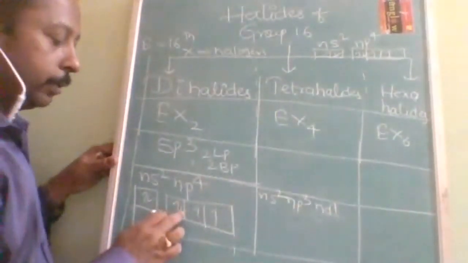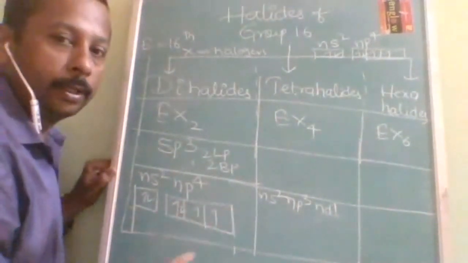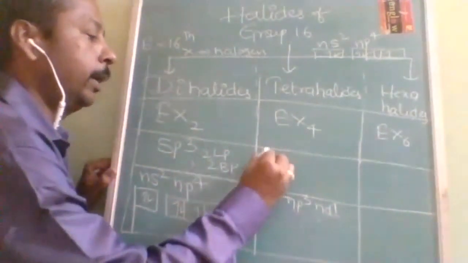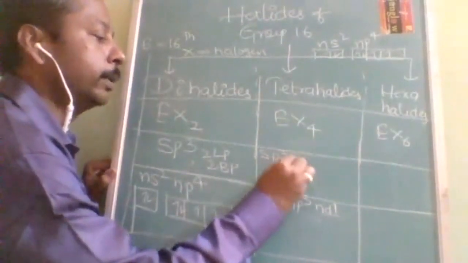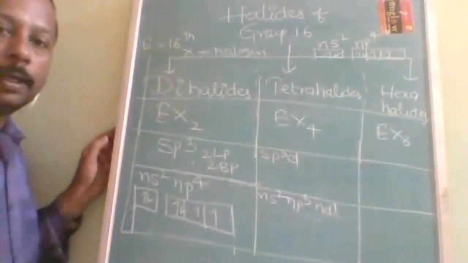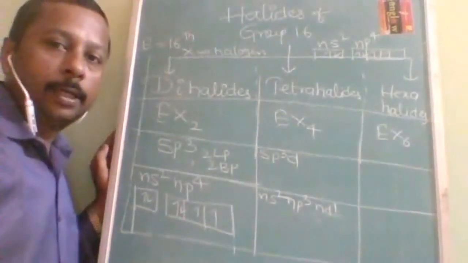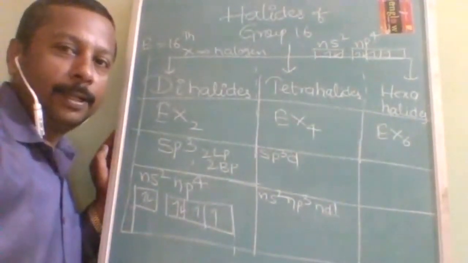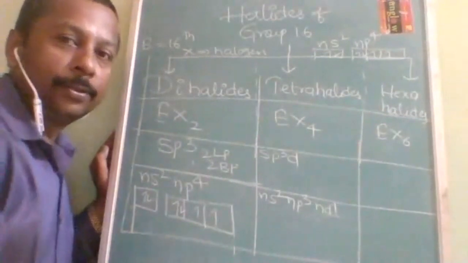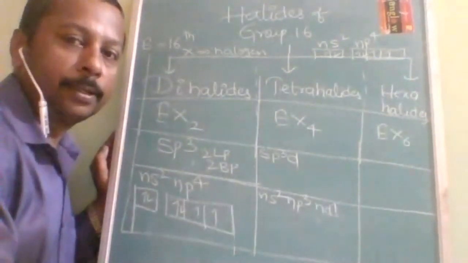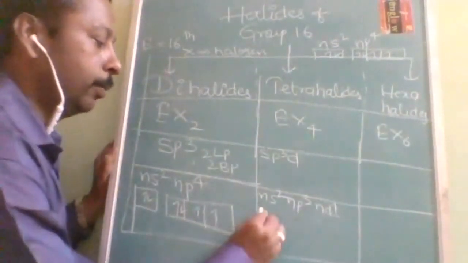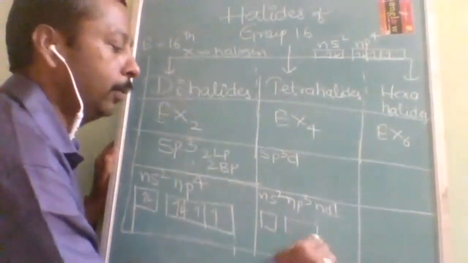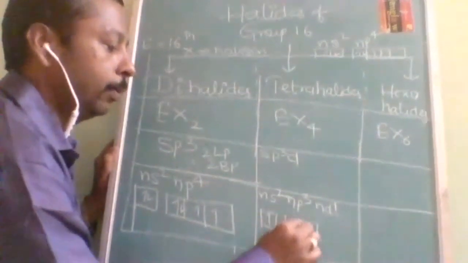One electron is transferred from here to here. That time hybridization is going to be sp3d. What is the hybridization? sp3d hybridization. But how many lone pairs? Only one lone pair.